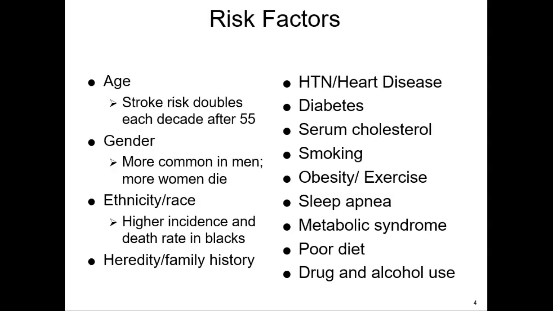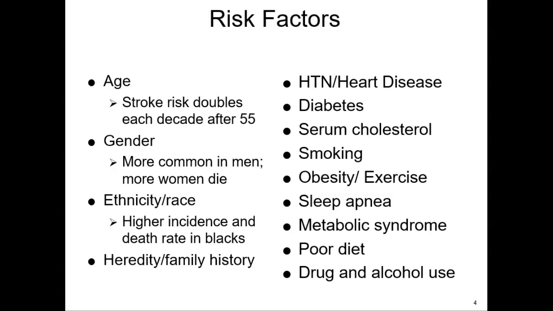More common in men, but more women die. African Americans have double the risk and are more likely to die of a stroke. Hispanic, Native Americans, and Asians have a higher incidence than Caucasians. There's a family history, and this may be due to genetic variations in lipid metabolism and other things.